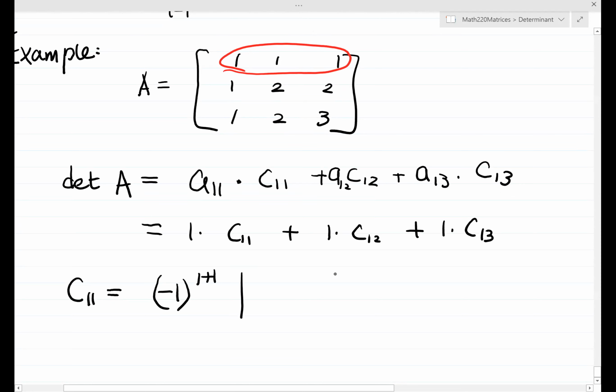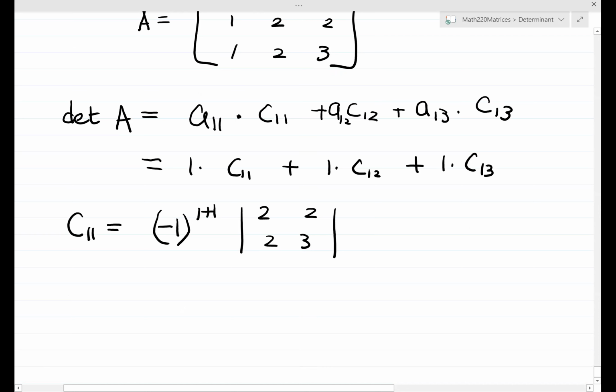The remaining matrix is 2, 2, 2, 3. The 2 by 2 determinant we already know. Negative 1 to the power 2 is just 1, so this is 2 times 3 minus 2 times 2, which is 6 minus 4, so this is 2.